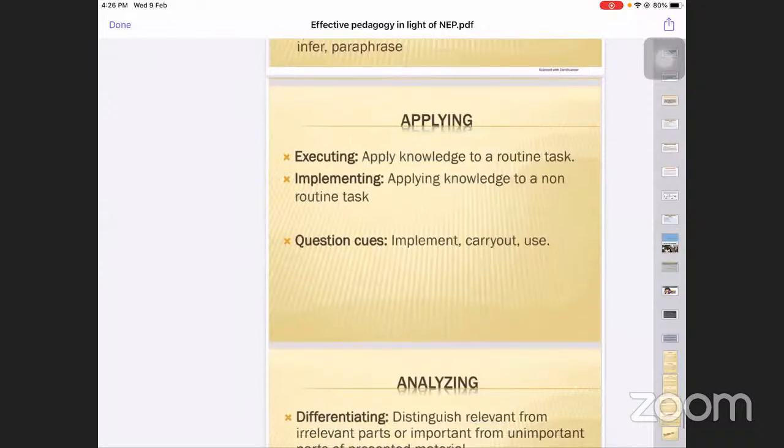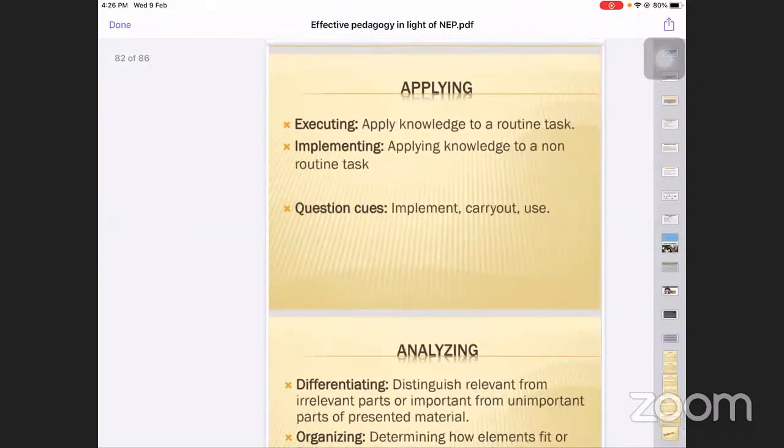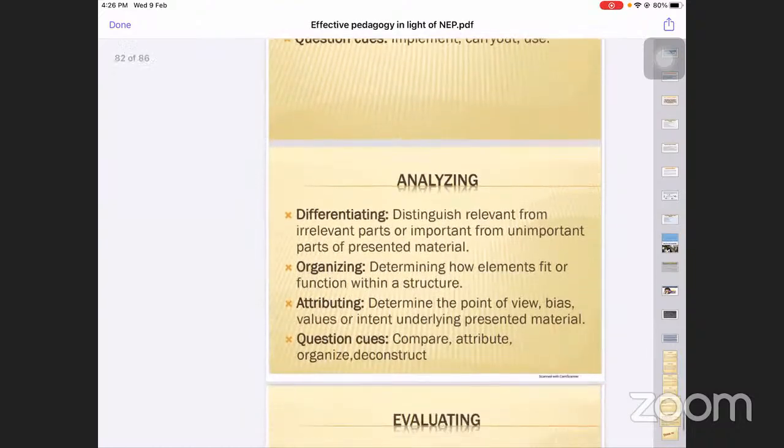outer world, and you can train 3 domains, that is head, heart, and hand, through effective pedagogy, and you can say that it is a perfect learner. So a perfect learner requires these all categories of learning that I have explained to you by Bloom's or by Anderson.